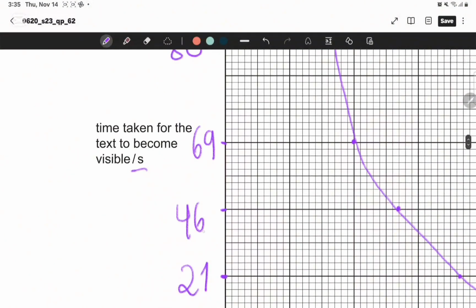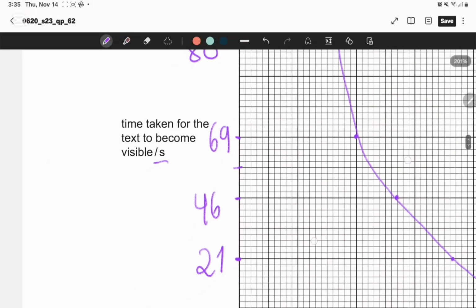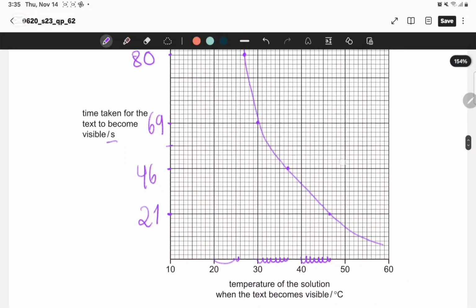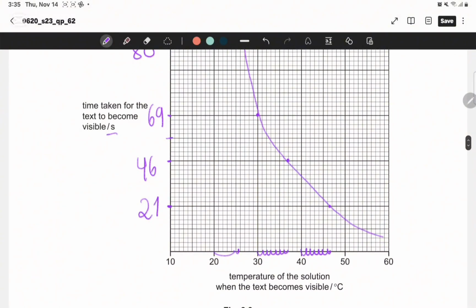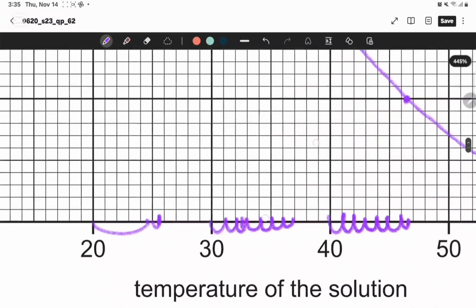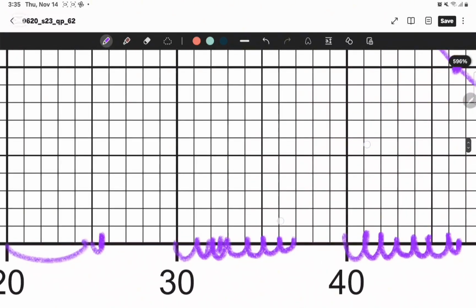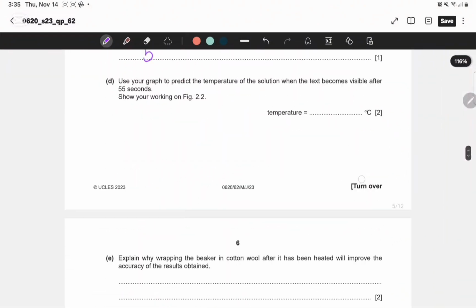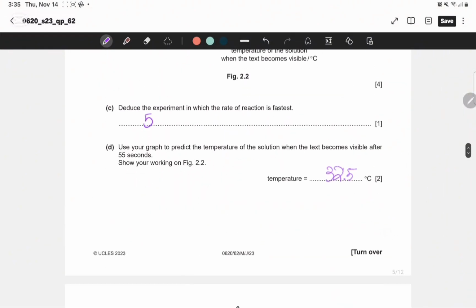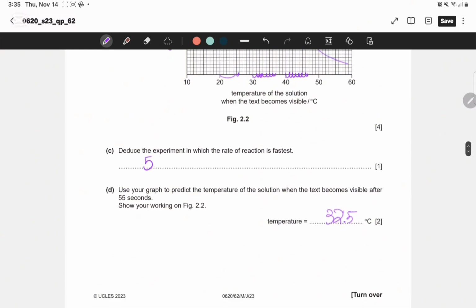If this is 46, then 55 is supposed to be around here. So the temperature would be 31 to 32.5. This is not accurate at all, by the way, so in the exam, please make it accurate, don't estimate.